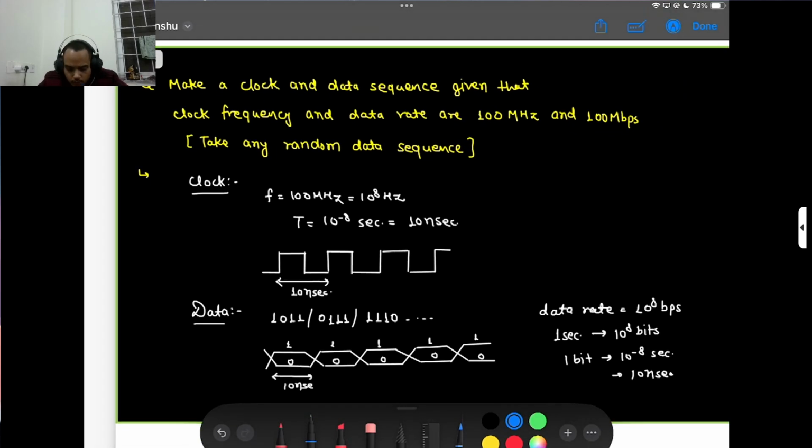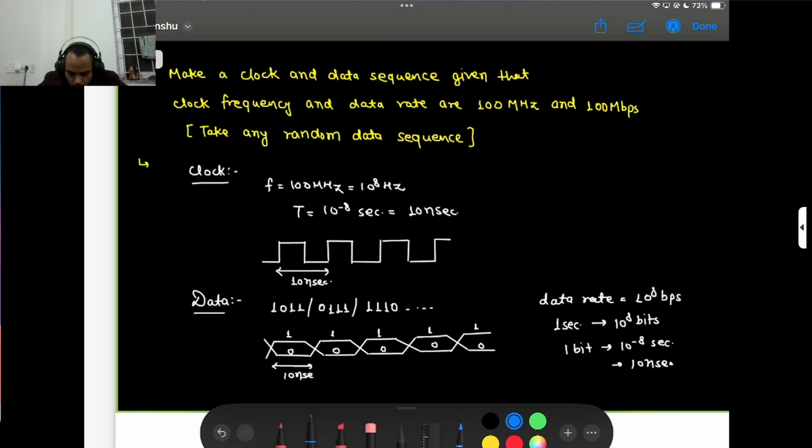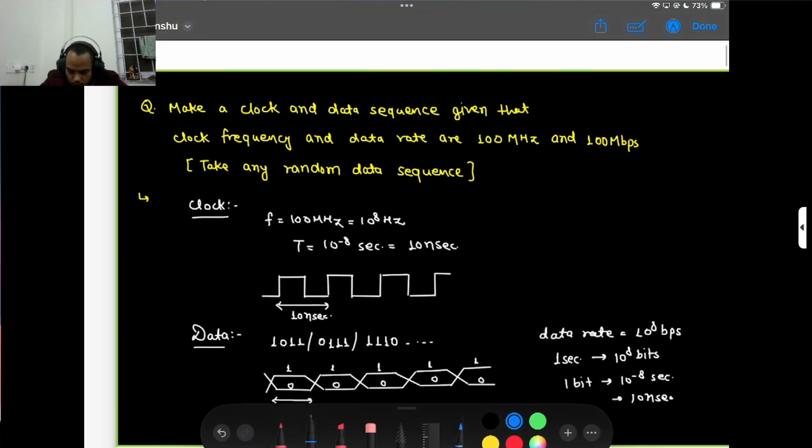Make a clock and data sequence, given that the clock frequency and data rate are 100 megahertz and 100 mbps. Take any random data sequence. The clock is 100 megahertz, so 10 to the power 8 hertz.